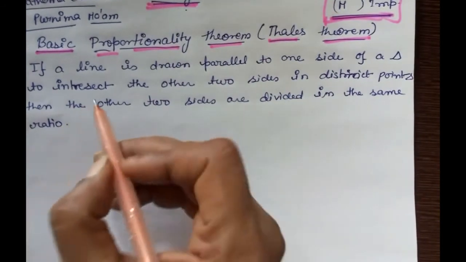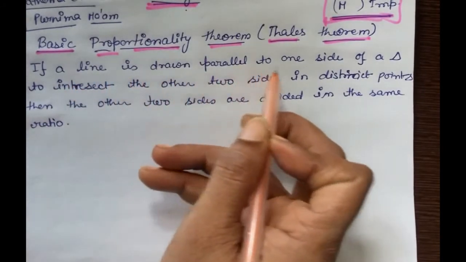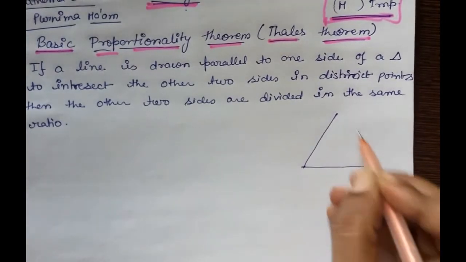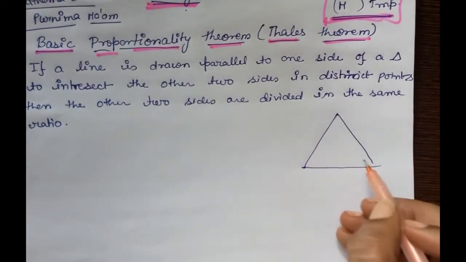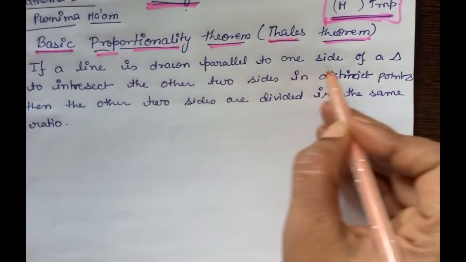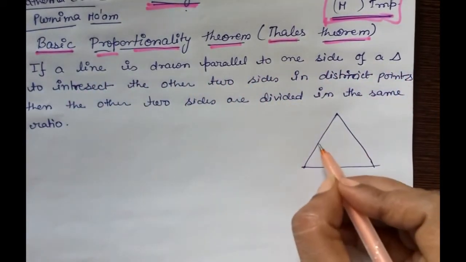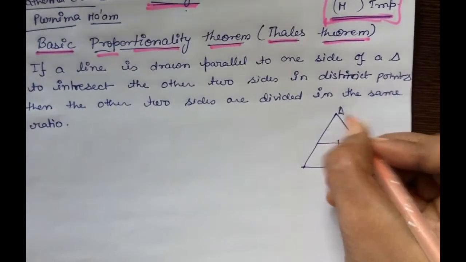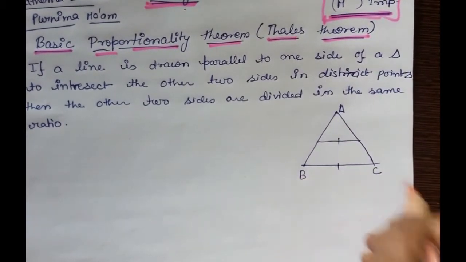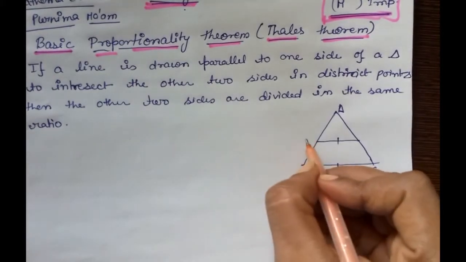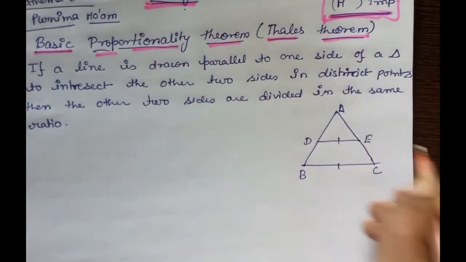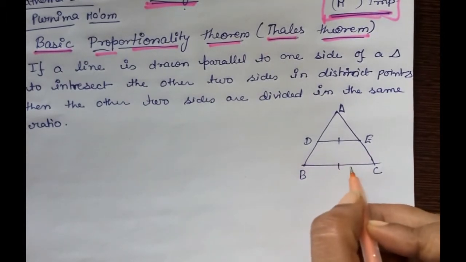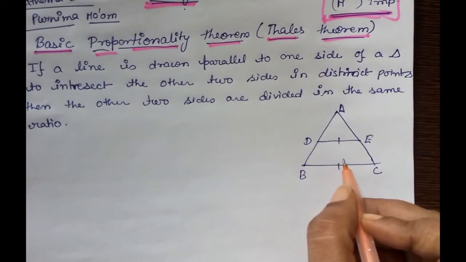It states that if a line is drawn parallel to one side of a triangle, first we make one triangle. This is our triangle ABC, and this is D and E. We draw DE parallel to BC, to intersect the other two sides.